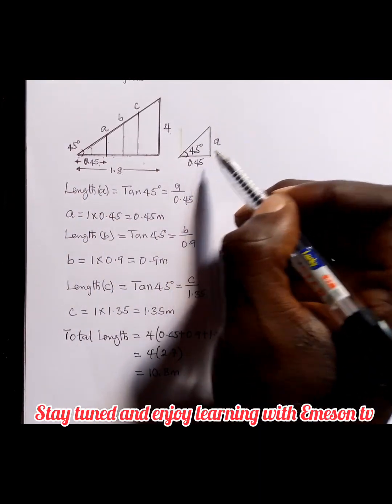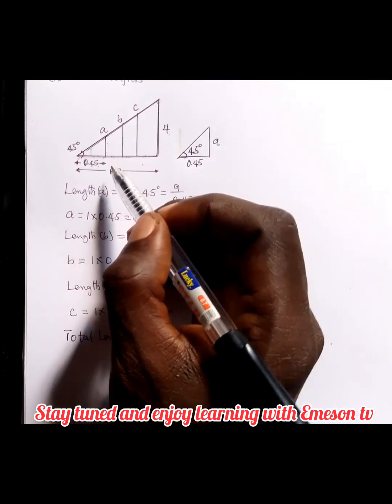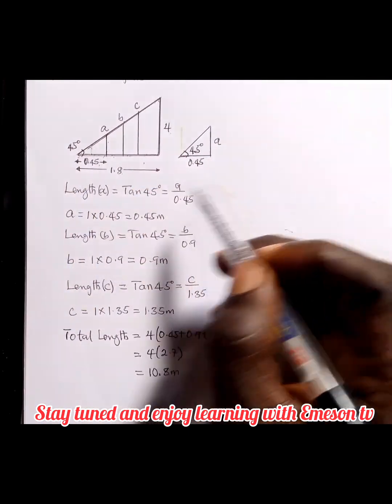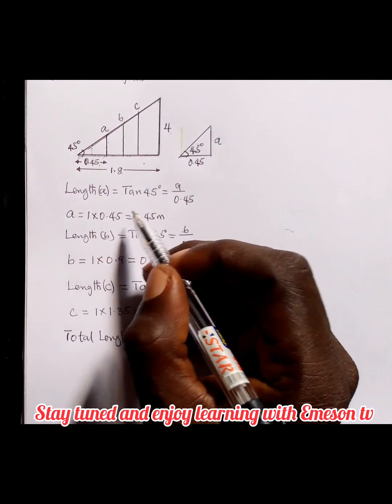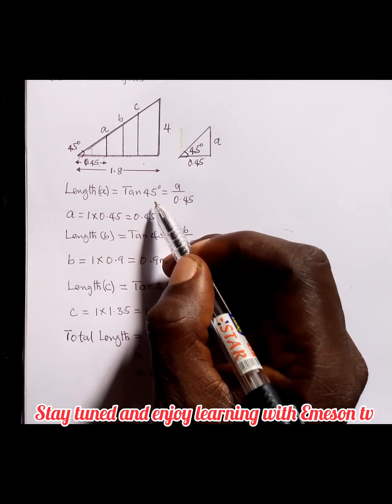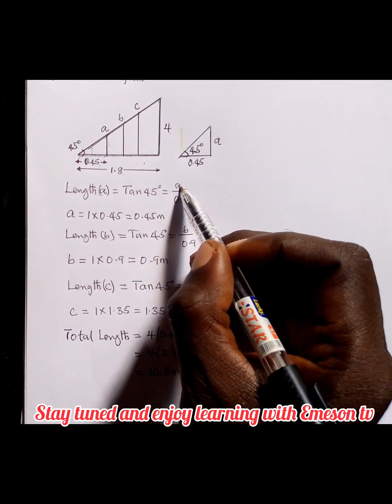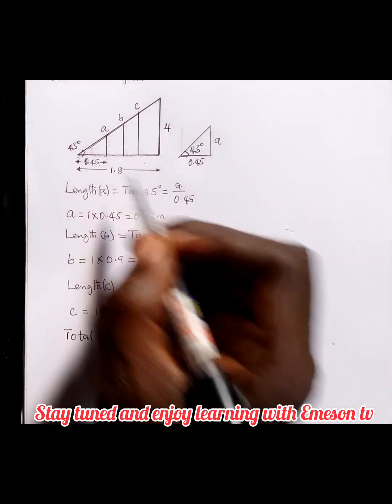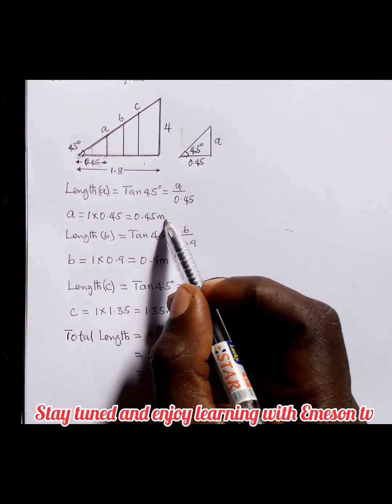I produce something like this for us to solve A, which is this. I know the angle of the roof to be 45 degrees. So I'm using SOHCAHTOA to find each of these lengths. I'm using tan theta, which is opposite over adjacent. This is the opposite I'm looking for, which is A. The adjacent is from this point to this point, which is 0.45. If I solve A out, I have A to be 0.45 meters.